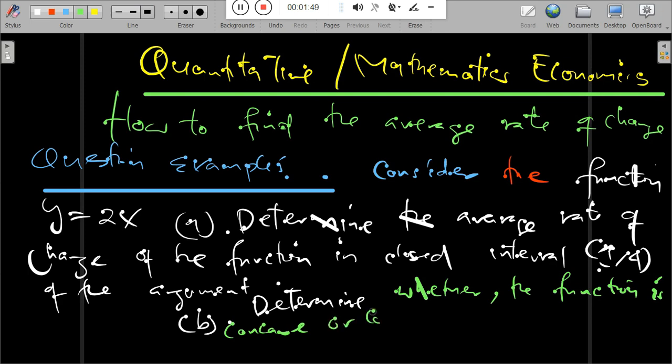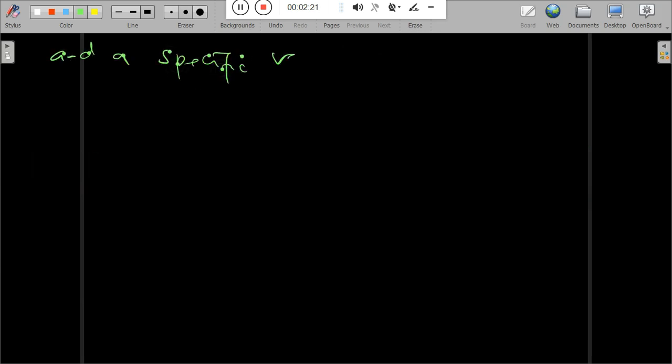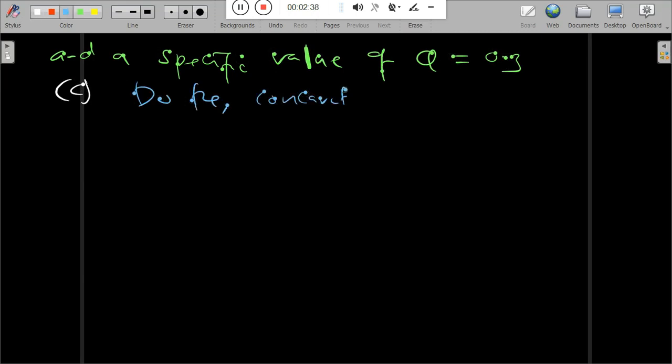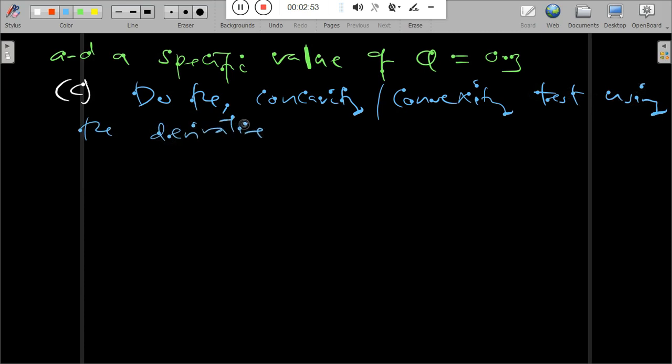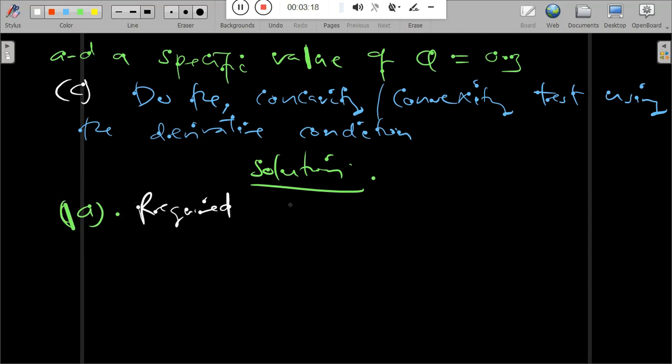In part B, determine whether the function is concave or convex using the geometrical test and a specific value of x which is equal to 0.3. And in part C, we have to do the concavity or convexity test using the derivative condition.